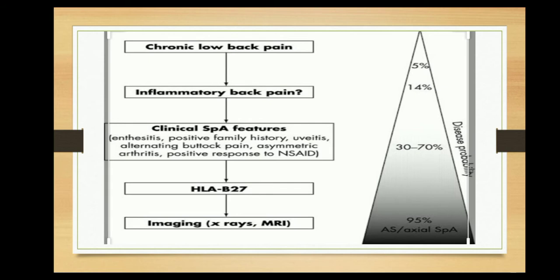With clinical spondyloarthritis features it is 30 to 70%, and with the big feature HLA-B27 it is 85%. And lastly, X-ray and MRI readings will show and confirm that the patient is suffering from ankylosing spondylitis.